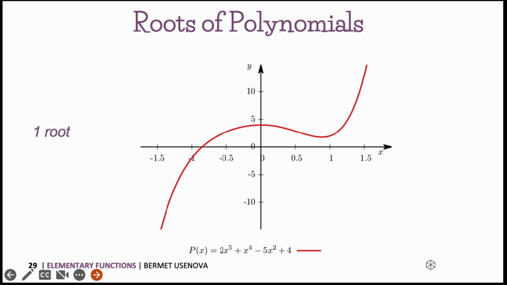For example, here we call it an odd polynomial because the degree is 5, and 5 is an odd number. And as shown in this example, it crosses the x-axis in one place. It means that we have only one root. But generally, a polynomial with degree 5 can have up to 5 roots. And in this current example, we have only one root.